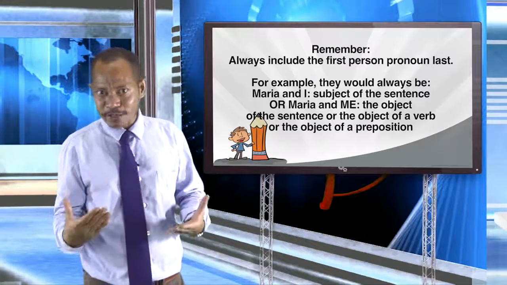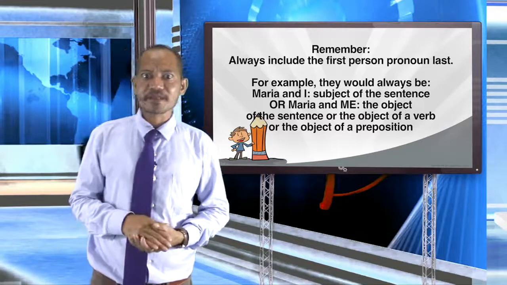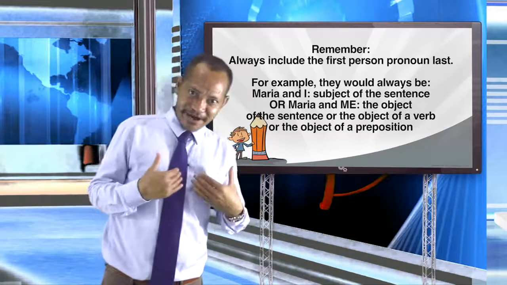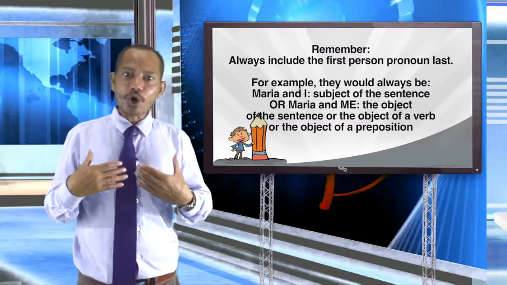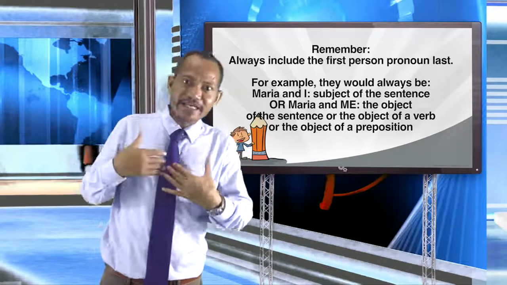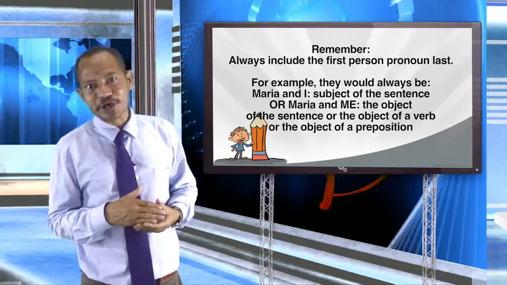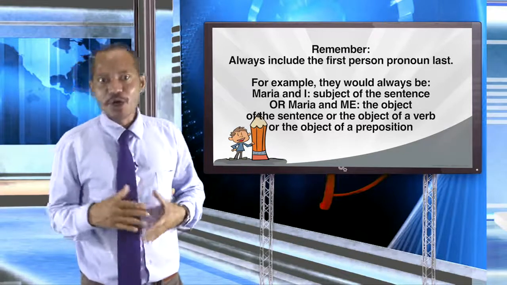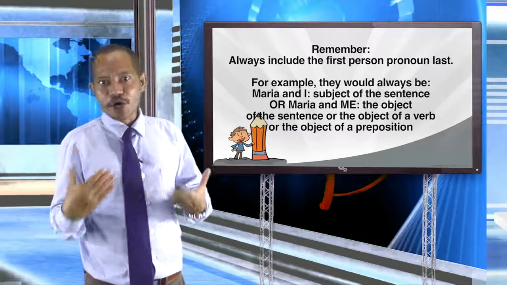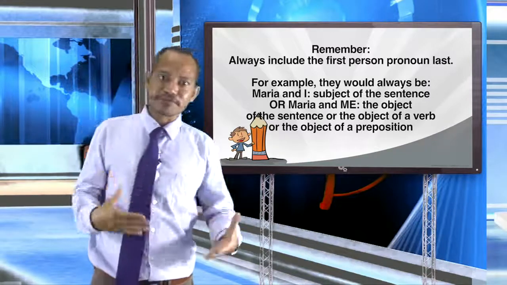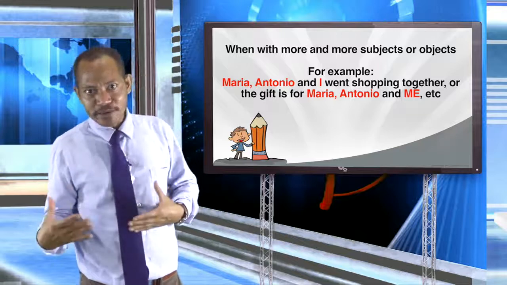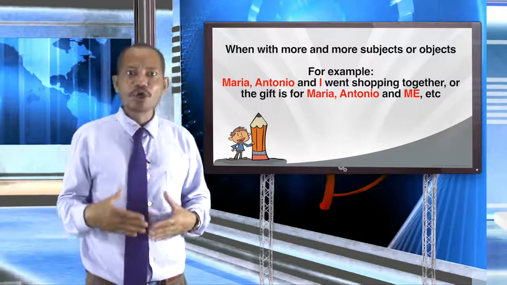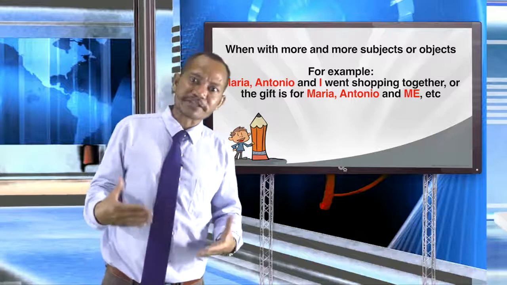So it would always be Maria and I when it serves as the subject of the sentence, or Maria and me when it serves as the object of the sentence, the object of a verb, or the object of a preposition. We can also use it this way with more and more subjects or objects involved.